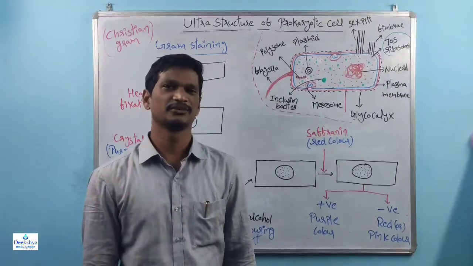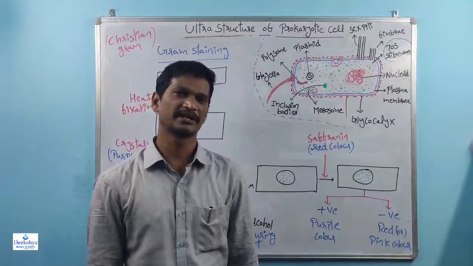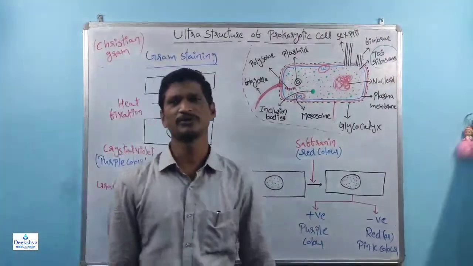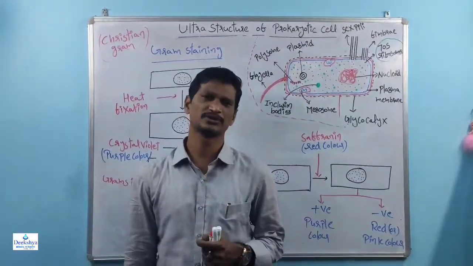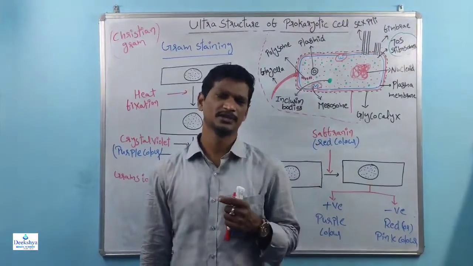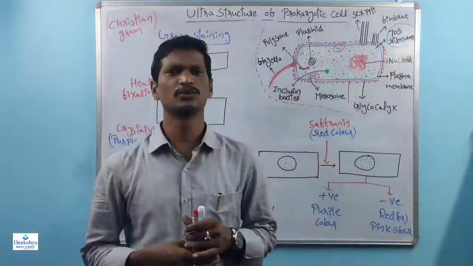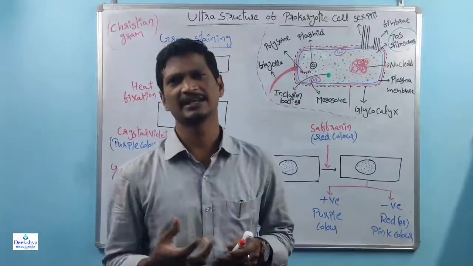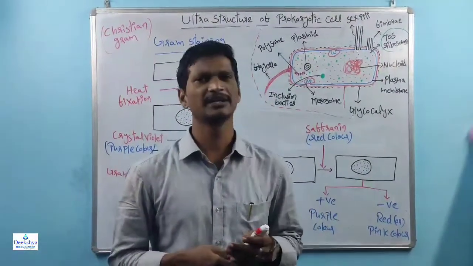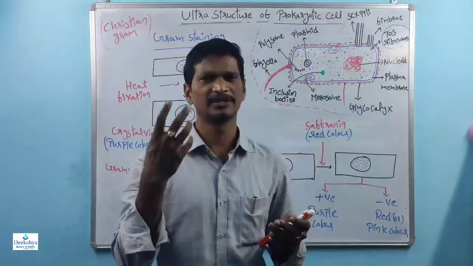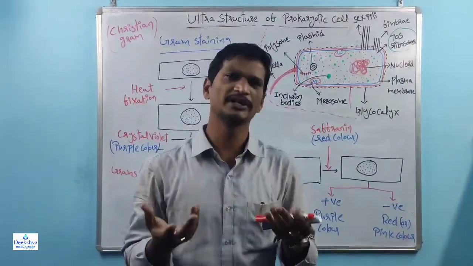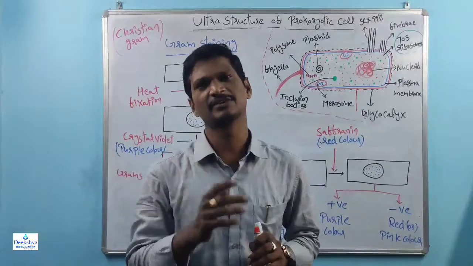After the differentiation of gram-positive and gram-negative bacteria, we'll discuss the gram staining process. Before that, what is the use of the gram staining process? Generally, we are unable to identify bacteria by naked vision.